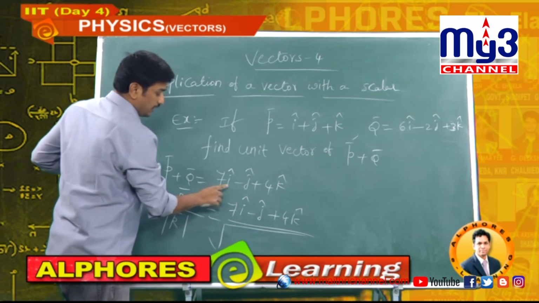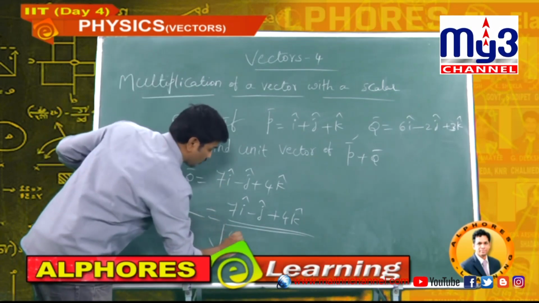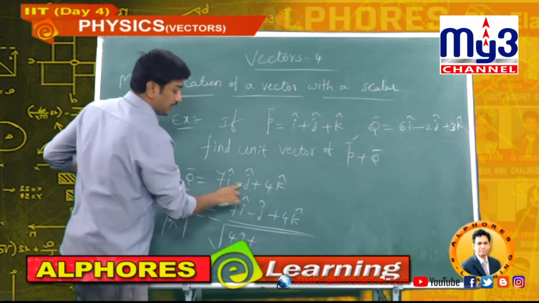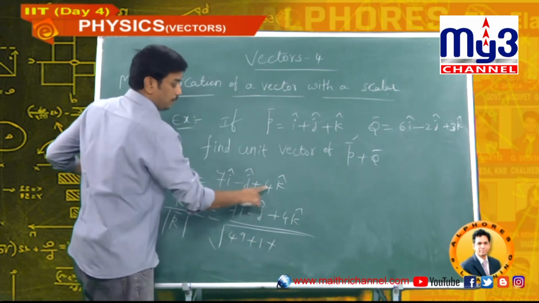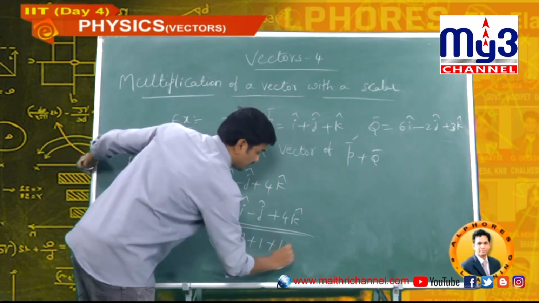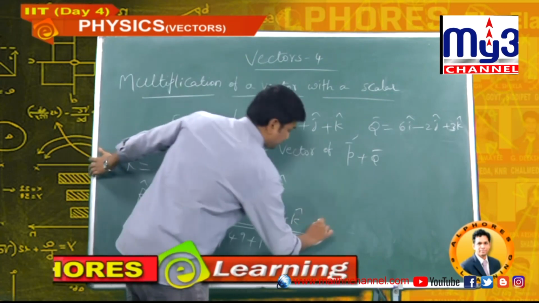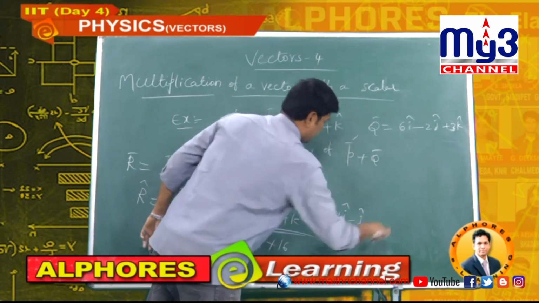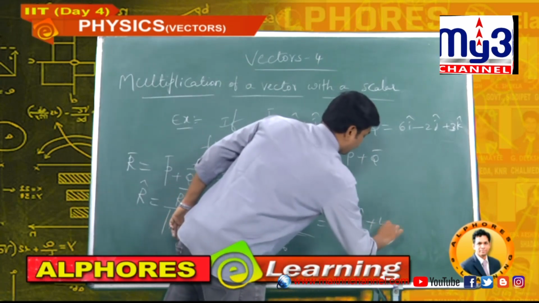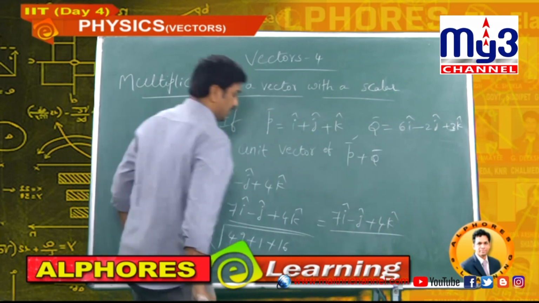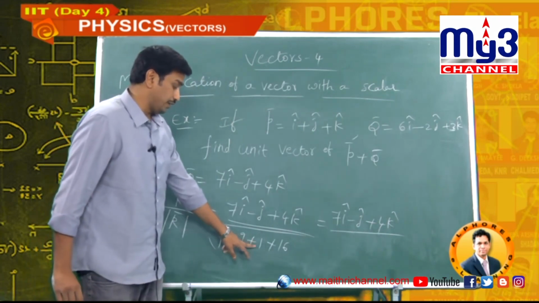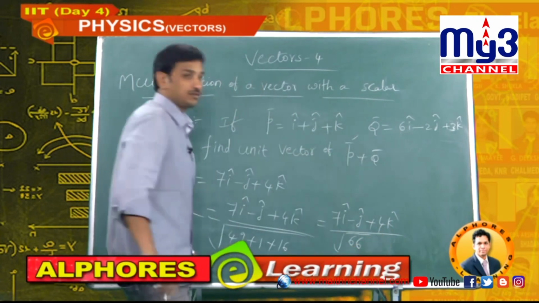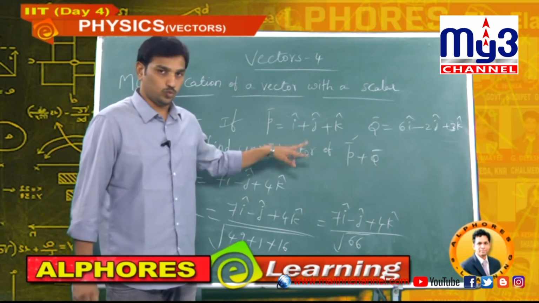Under root of i cap coefficient whole square, 7 square is 49, plus j cap coefficient whole square, minus 1 whole square, it's a 1, plus k cap coefficient whole square, that is 16. Now 7 i cap minus j cap plus 4k cap divided by under root of 49 plus 1, 50, 50 plus 16, under root 66.